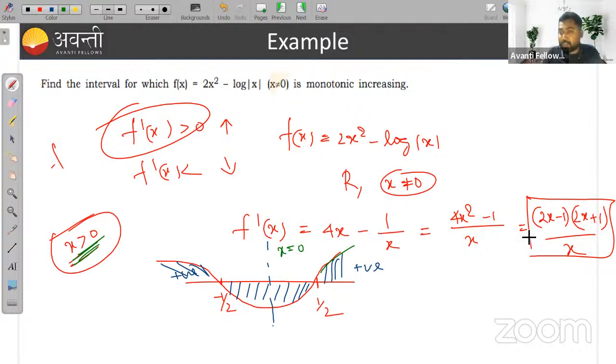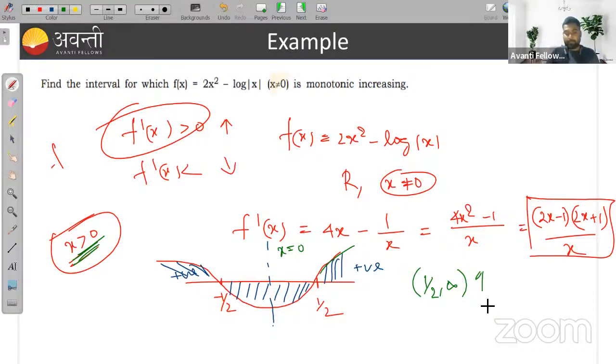If denominator is positive, numerator must be positive for this function to be monotonic increasing. So where the function is positive and x is greater than 0, that is 1 by 2 to infinity. So when x greater than 0, I am getting 1 by 2 to infinity.